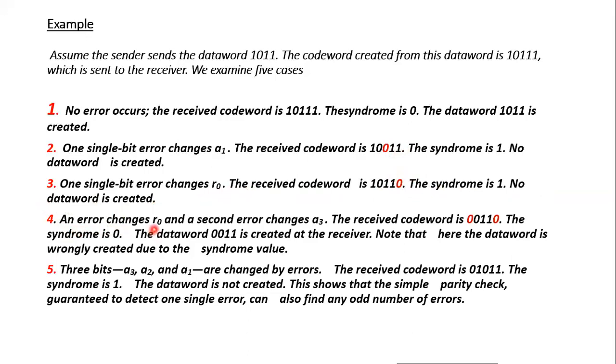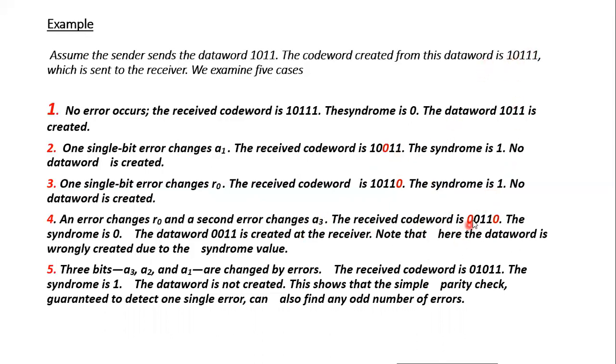Then for case 4, an error changes R0 and a second error changes A3. So here 2 errors occur. Therefore, the received code word is here. So this one has been changed from 1 to 0, and this one, and this one, from 1 to 0.